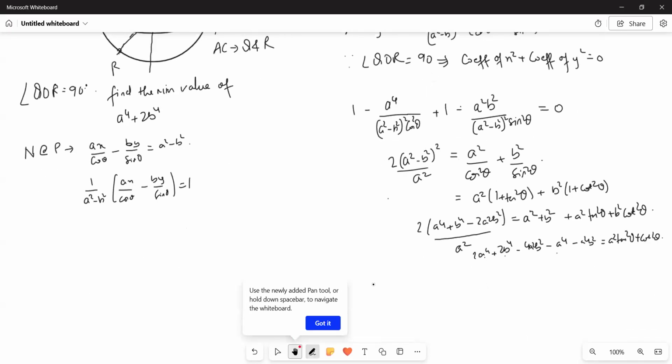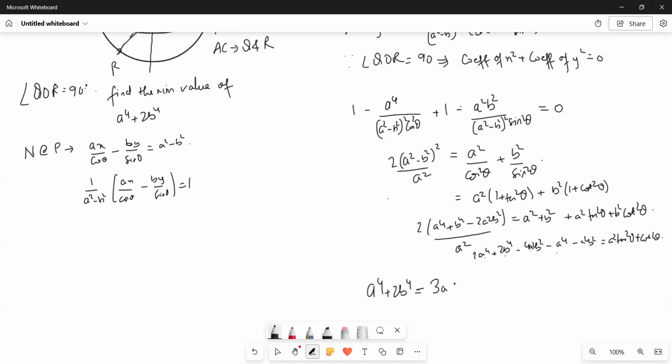So continuing this we get a power 4 plus 2b power 4 equal to a square b square इधर ले जाओ so 3a square b square.